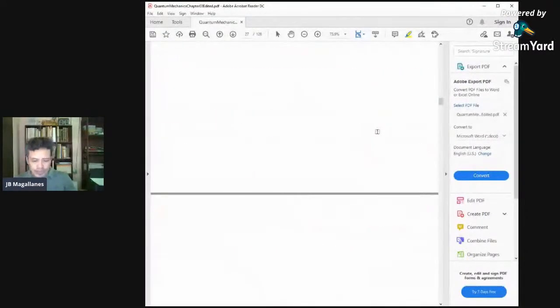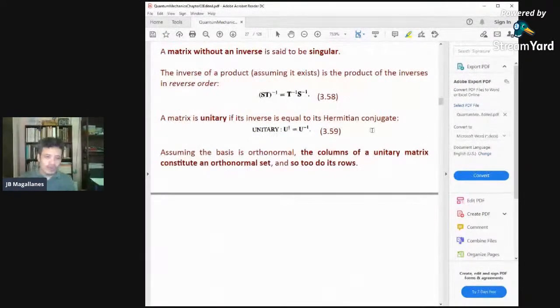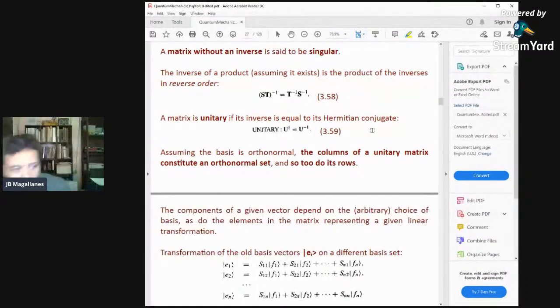Most of the transformations, for example if you want to convert Cartesian coordinates into spherical coordinates, or Cartesian coordinates into cylindrical coordinates, most of these matrices have a transpose equal to their inverse.